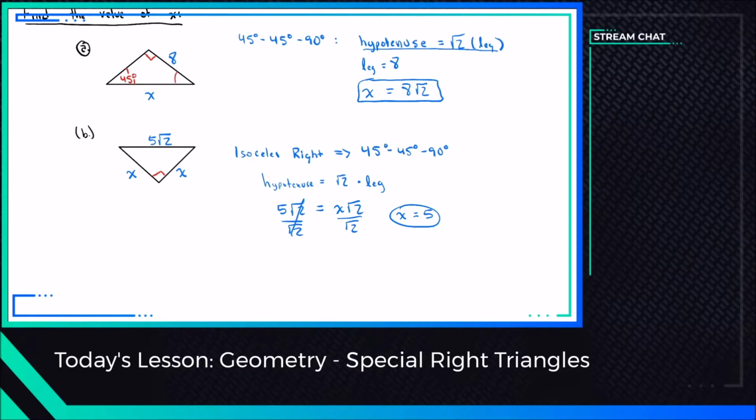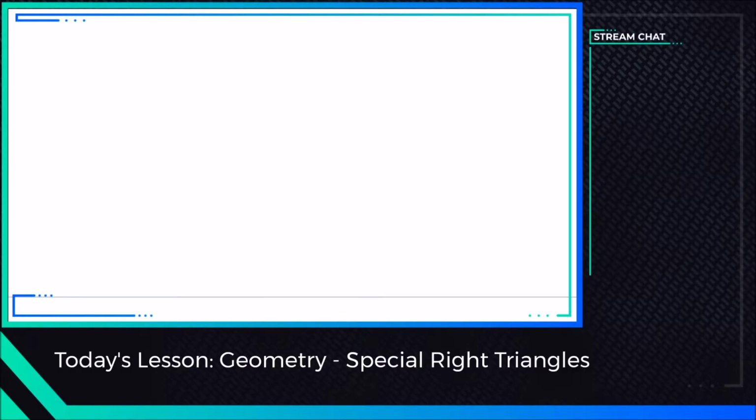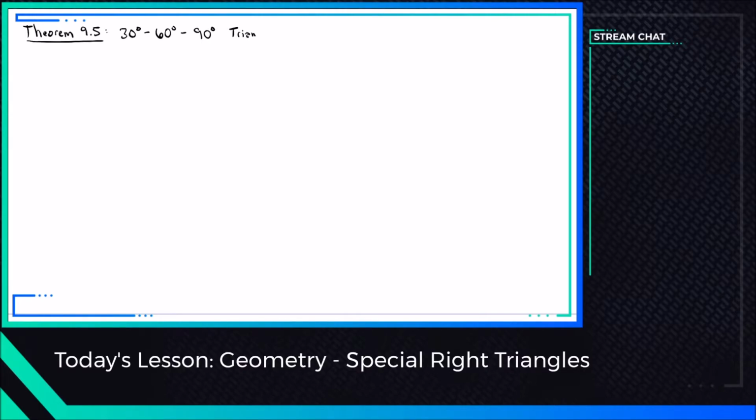Our second special right triangle is going to be called the 30, 60, 90 right triangle. That will also be a theorem, theorem 9.5. And so one of the angles will be 30 degrees, another one of the angles will be 60 degrees, and then finally, for it to be a right triangle, we must have our 90-degree angle.